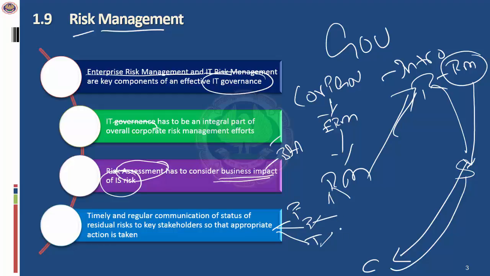Processes can be automated using technology, but you need people who are trained to use this technology. That's why you need regular communication among the management, right from the top to the bottom, where the risks are understood and effectively managed.